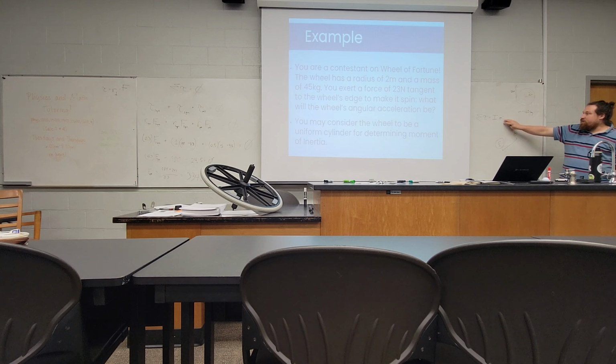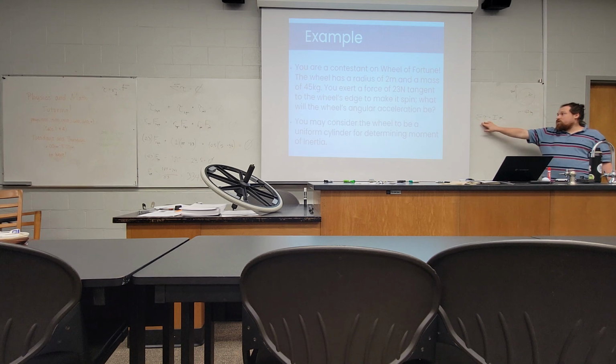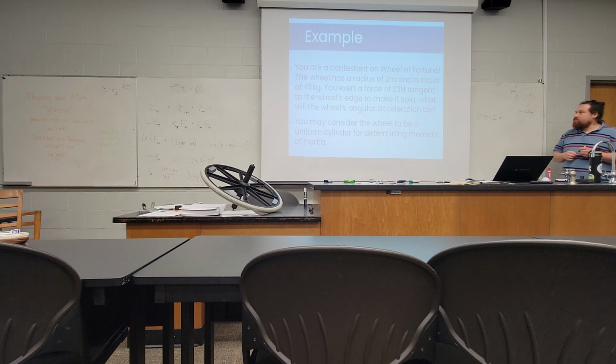So if our goal is to find alpha, we first need to figure out how much torque we're creating and also find the moment of inertia of this disc. Now, we've only talked about 2 formulas that have torque in them, and this is one of them. So what formula should be used to determine the amount of torque we create on this thing?